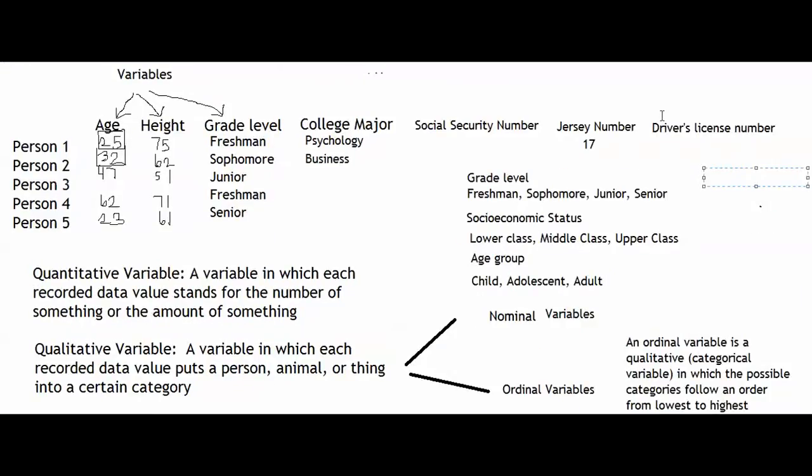One important thing to remember about ordinal variables is that it doesn't have to be a series of ranks that a person passes through from beginning to end. Right here, a person has to start as a freshman and then work their way up to a senior.